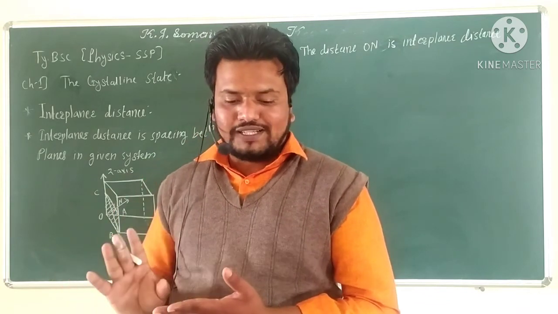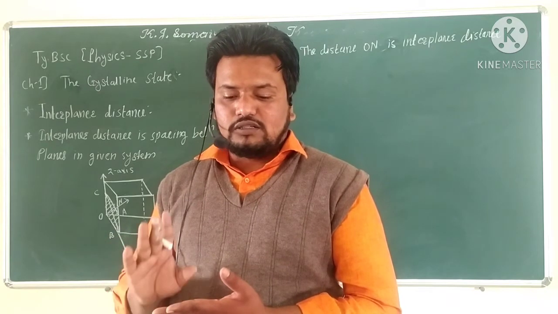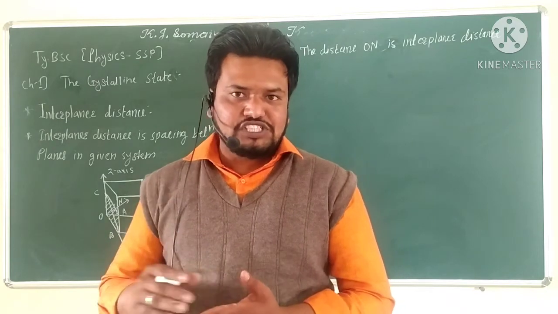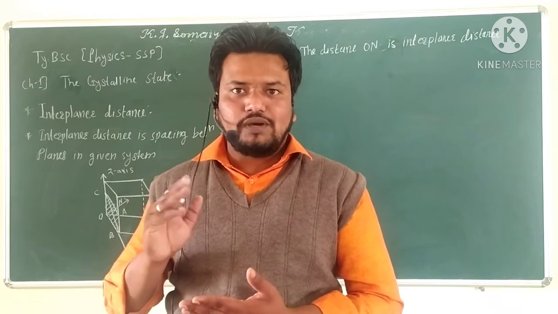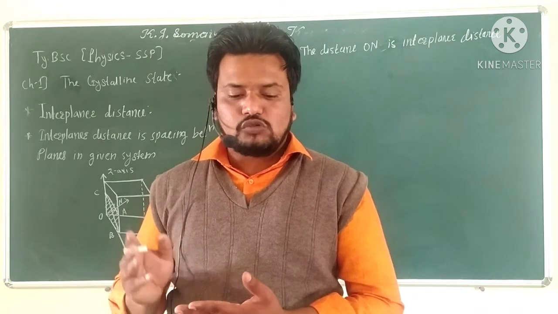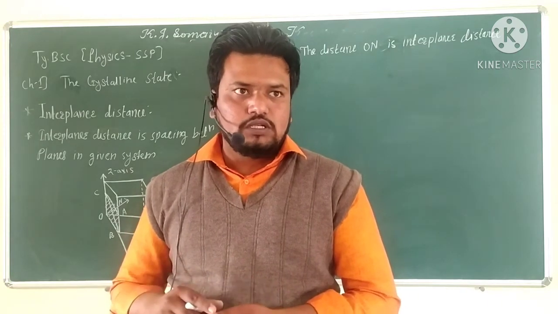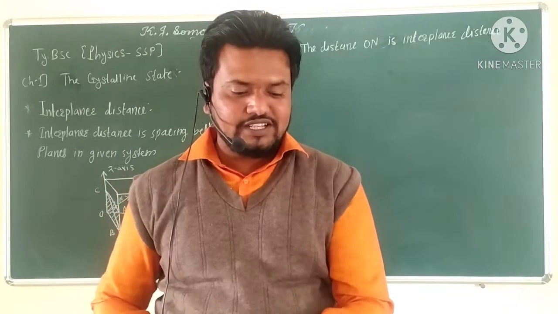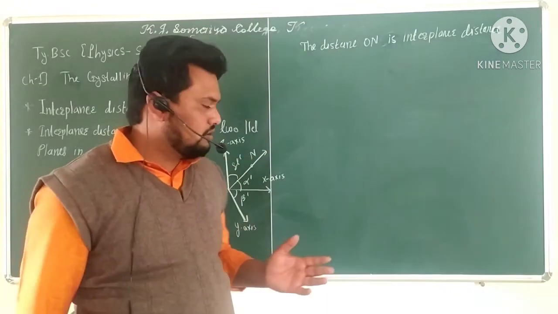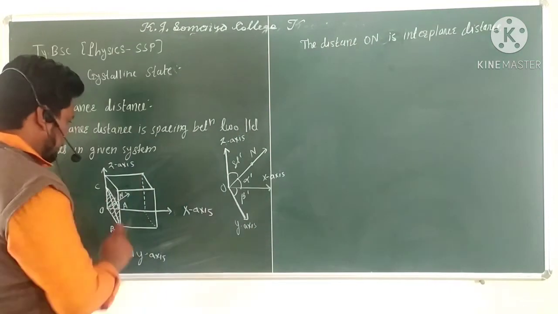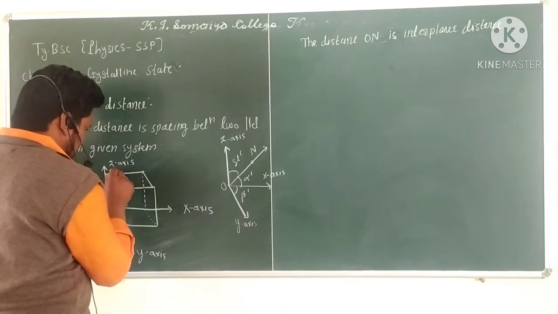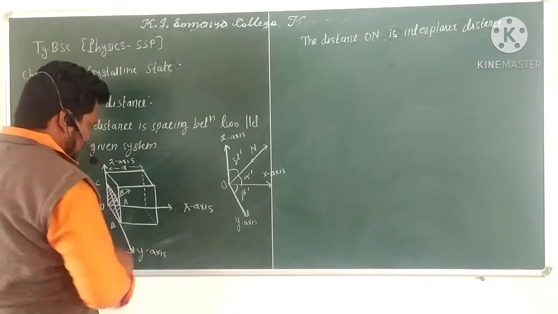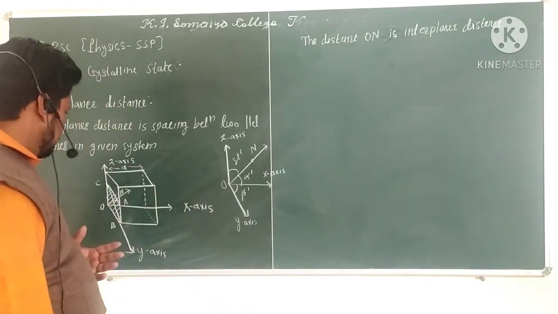We have to consider that the interplanar distance depends on the Miller indices h, k, l, belonging to the family of planes of the Miller indices system. In this figure, consider a three-axis system, which is a 3D space system.